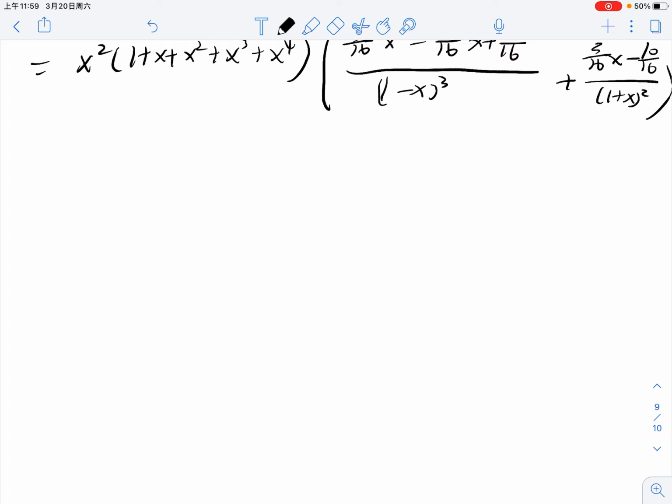Okay, and I will make a remark. Actually, we can write down an explicit formula for H_n, but it's tedious.